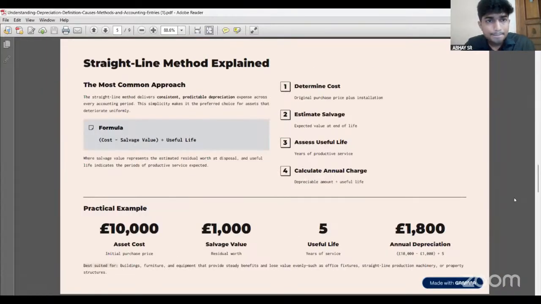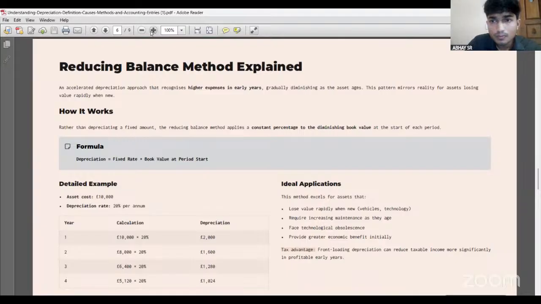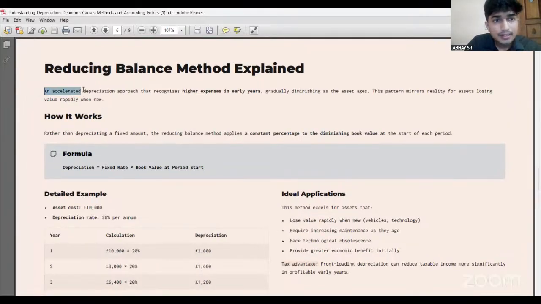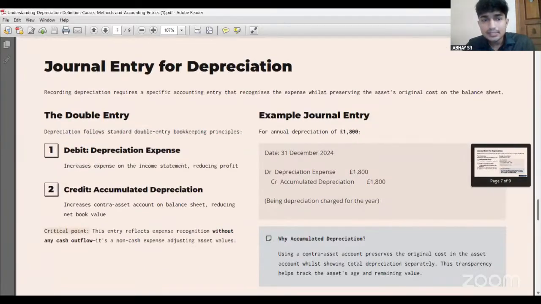Reducing balance method. So theoretically, an accelerated depreciation approach that recognizes higher expense in early years. I can just show you my example.